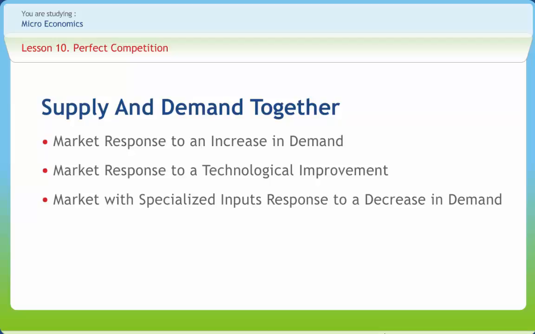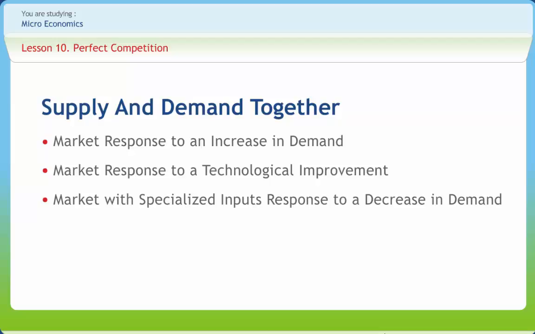Faced with an increase in demand, which it sees as an increase in price and hence profits, a competitive firm will respond by increasing output from A to B in order to maximize profit. As all firms increase output and as new firms enter, price will fall until all profit is competed away. Thus the long-run supply curve will be perfectly elastic. The final equilibrium will be at the original price, but a higher output.